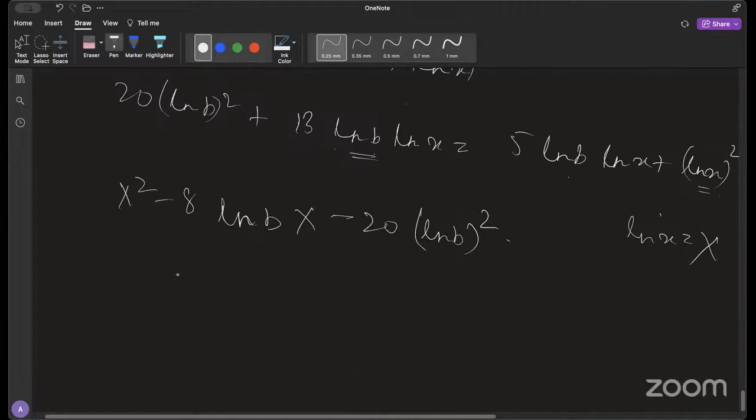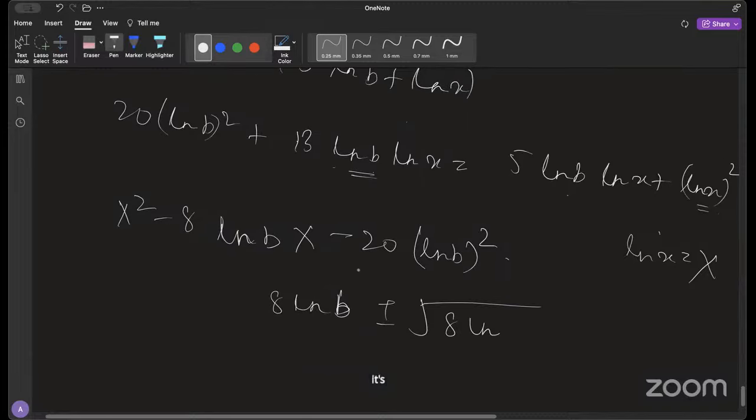If you solve this in terms of x, it should be minus b, 8 natural log of b plus minus. You can factorize: minus 10 plus 2, minus 10 ln b plus 2 ln b.